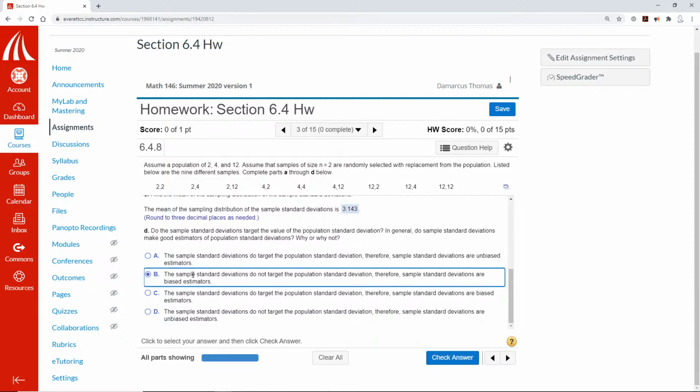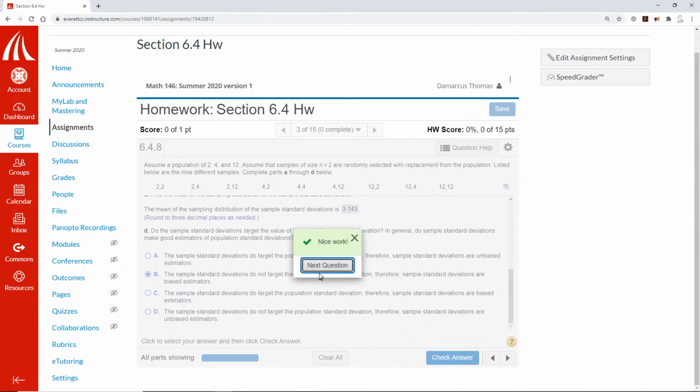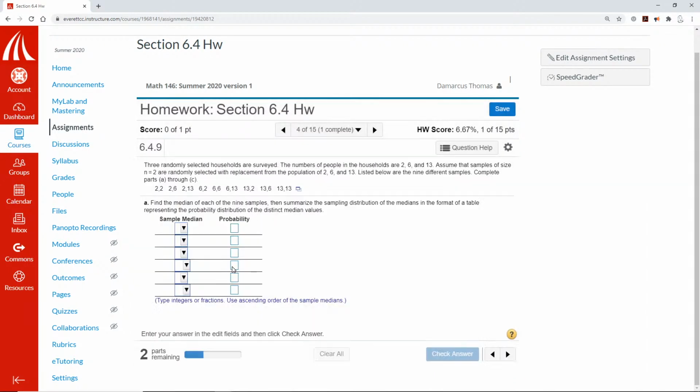So I'm leaning towards B. The sample standard deviations do not target the population standard deviation. Therefore, sample standard deviations are biased estimators. So let's choose B. And it agreed with us on that. That was good.